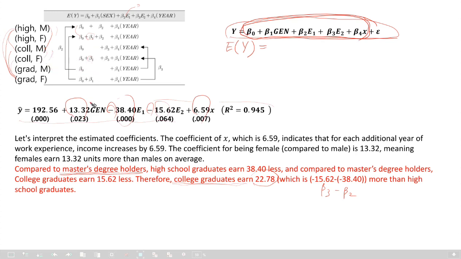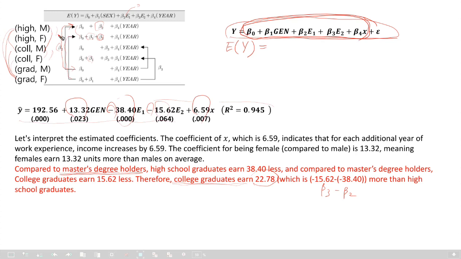You can see the coefficient of beta 1 here, but we concentrate on beta 2 and beta 3. Beta 2 is the difference between these two groups: high school has beta 2 more than graduate school, and for females also beta 2 more. So beta 2 means that compared to graduate school, high school has beta 2 more income.